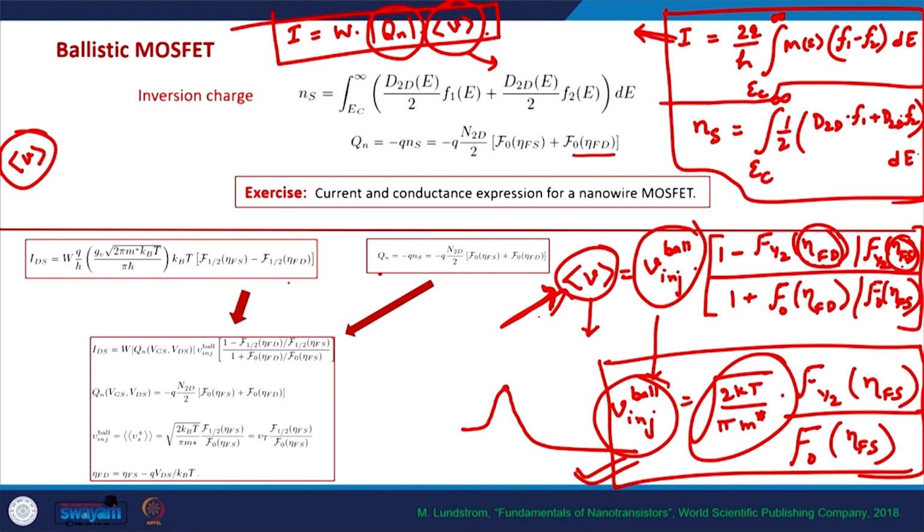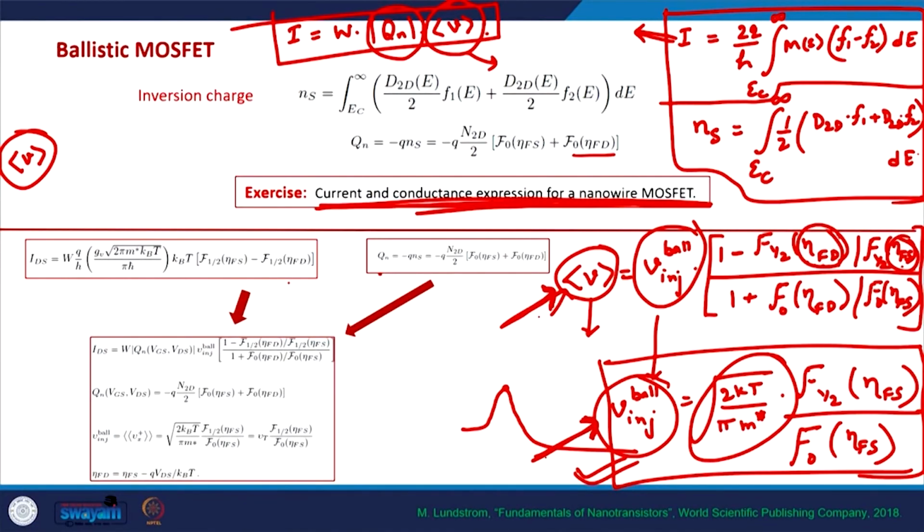So this is what we will discuss in more detail in the coming class, and till then I would like you to do this calculation, the current, conductance and the charge calculation for a nanowire MOSFET, and try to think more about this average velocity in the channel at the x equal to 0 point.